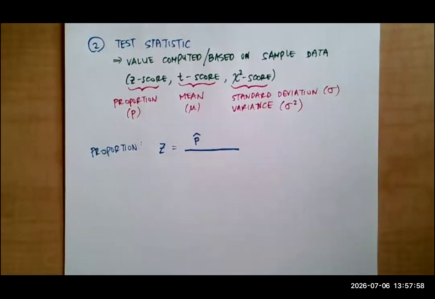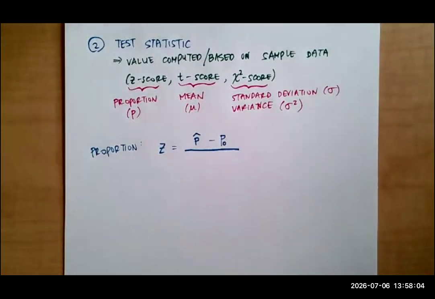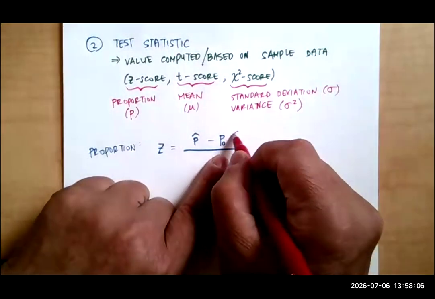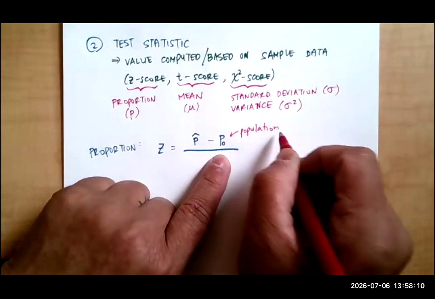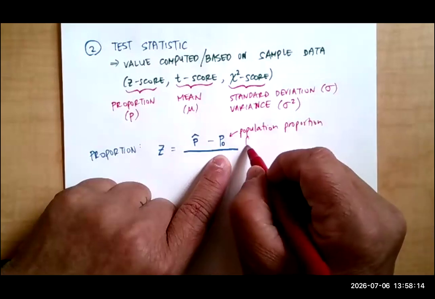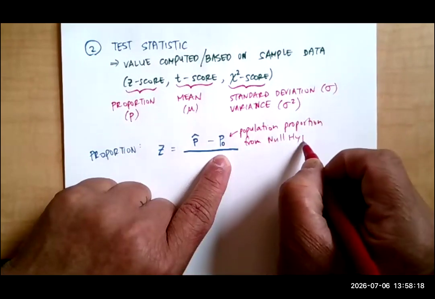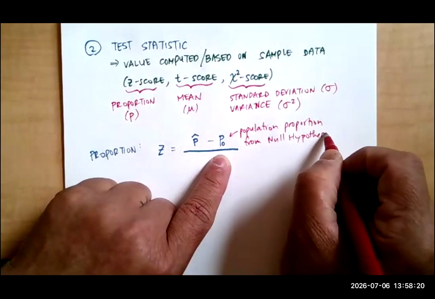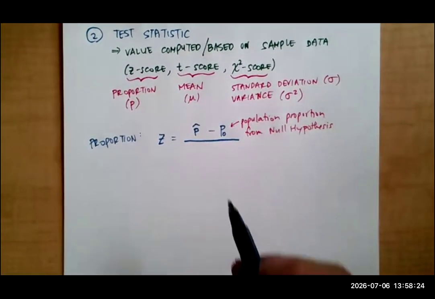That sample proportion, p hat, minus this value I'm going to call p sub 0. This is our population proportion from the null hypothesis. That same value from step 1, that null hypothesis value, we're going to use here.